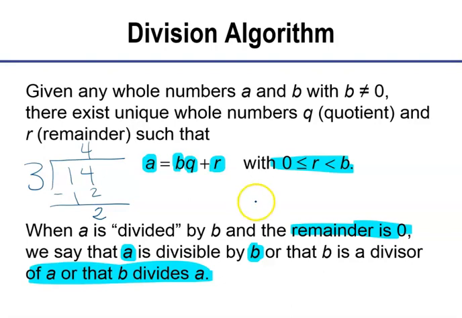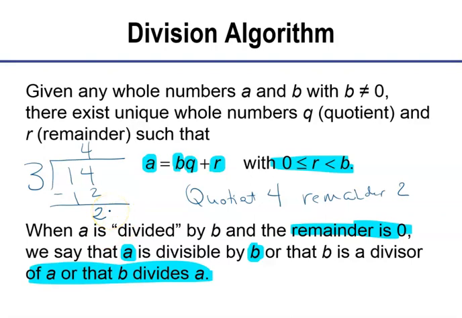What we're doing is we're going to say that the quotient is 4 and the remainder is 2, correct? So we have, once again, our dividend is 14, our divisor is 3, our quotient is 4, and our remainder is 2.